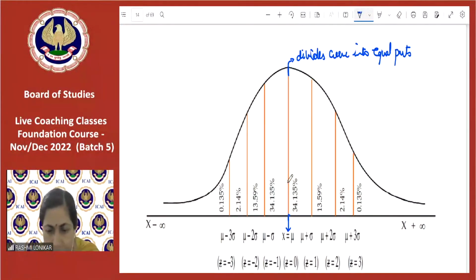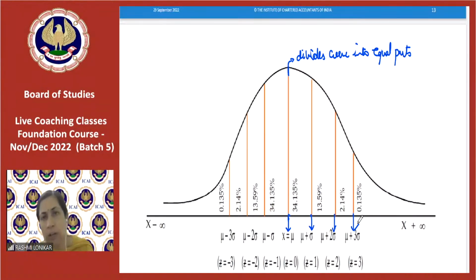Okay. Now, when I go from x is equal to mu plus sigma, from here to here, this is mu plus sigma. Then you have mu plus 2 sigma, then mu plus 3 sigma. Okay. From the mean, I am going to the deviation. So first deviation is 1 standard deviation, second deviation will be 2 standard deviations, and third will be 3 standard deviations.